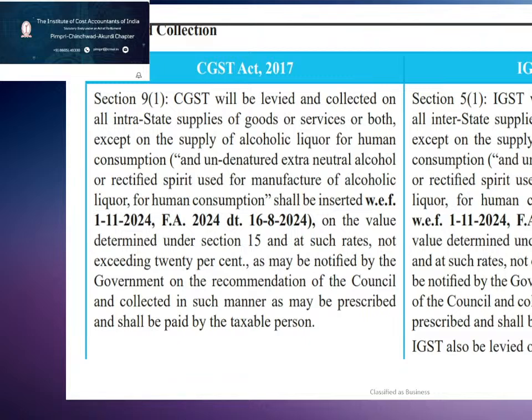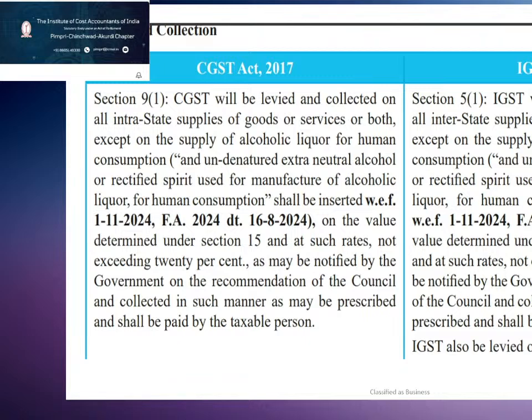Then transportation of passengers by an omnibus, except where the person supplying such service through e-commerce is a company. Then we have cloud kitchen. These are all coming under this e-commerce.